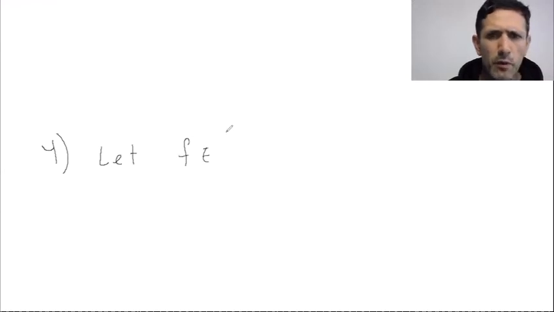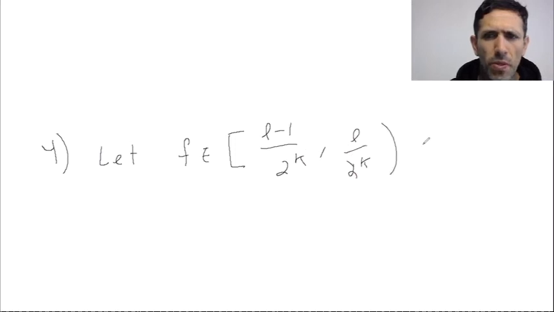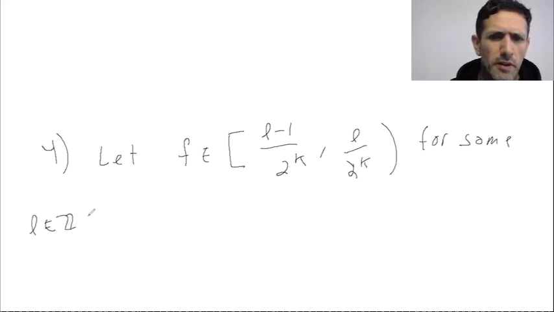For fixed k, there is some L, because obviously these intervals partition the real line. So f of x, x is in the inverse image.